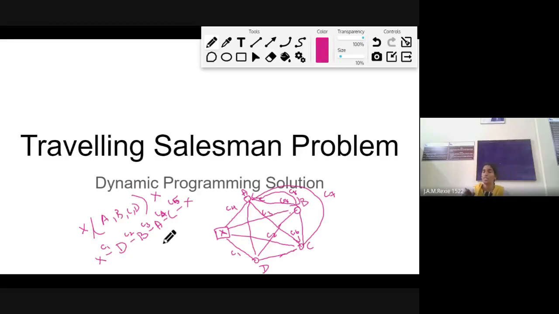C1 plus C2 plus C3 plus C4 plus C5 will be something. Similarly, if I choose another path, X to A, A to B, B to C, C to D, D to X, this will give me some cost. So like this, I can have different combinations of paths from X to X by visiting all the vertices.